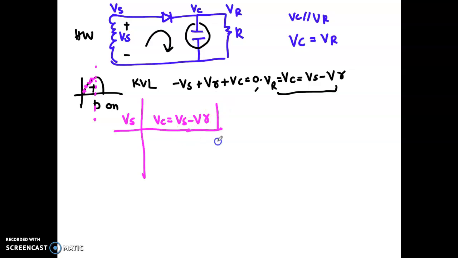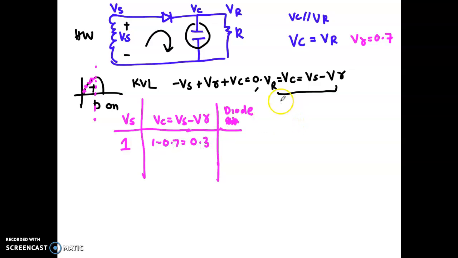We are going to check whether your diode is on or off. This is the condition of the diode. Let's start. If you apply 1, we assume V gamma equals 0.7. So what will be your Vc? 1 minus 0.7 is equal to 0.3.